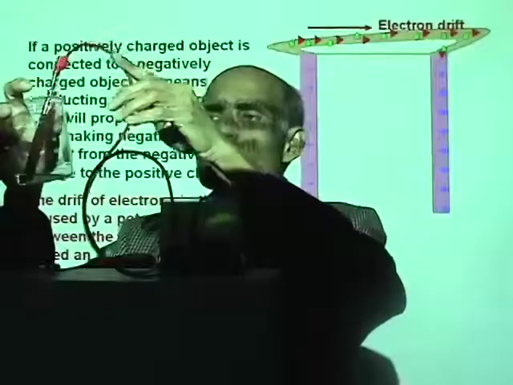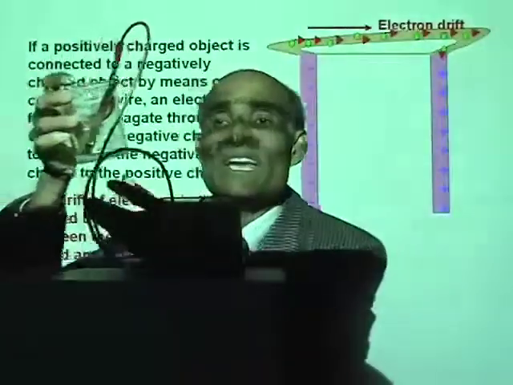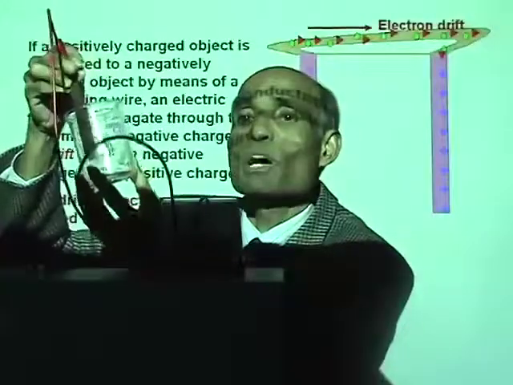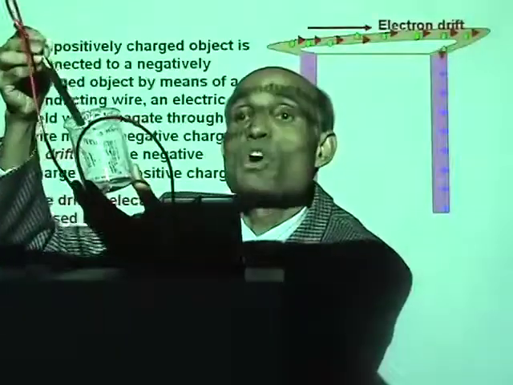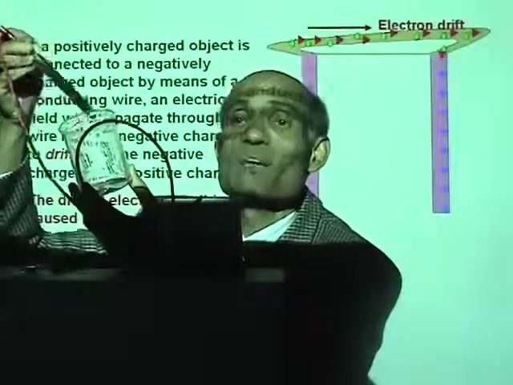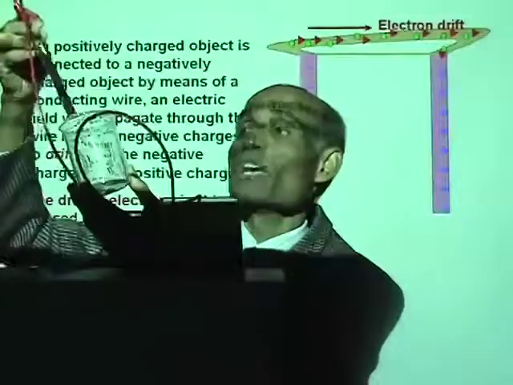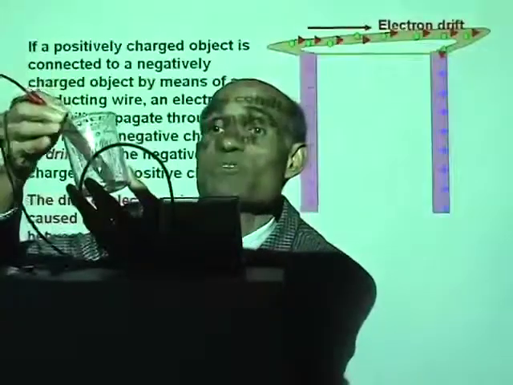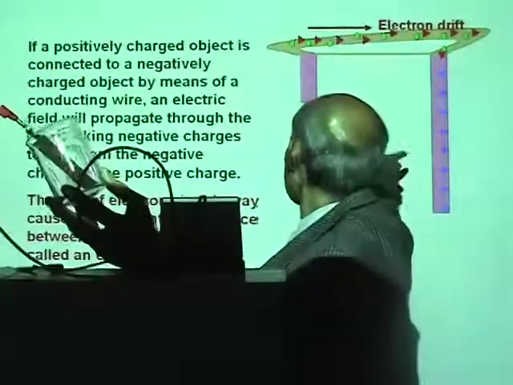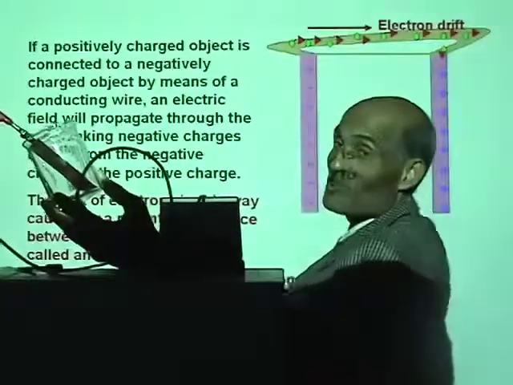When copper is put inside the acid, electrons from copper will go into the acid. Now that means copper is going to lose electrons. If copper loses electrons, it is going to have some excess positive charge. In other words, it is going to be a positively charged object.